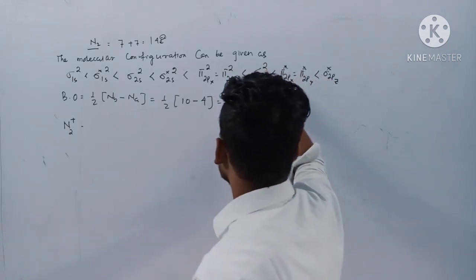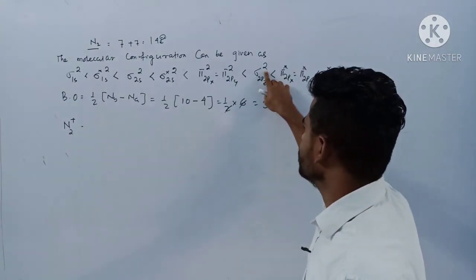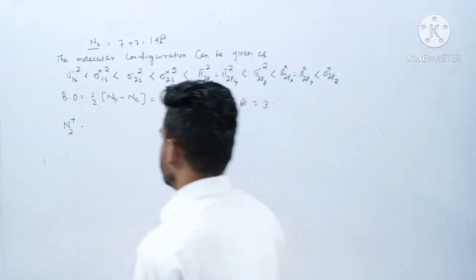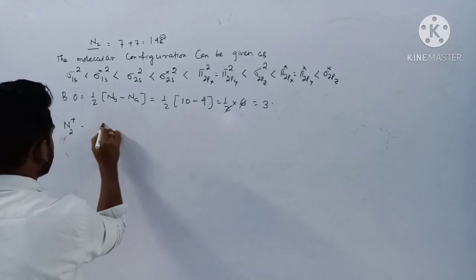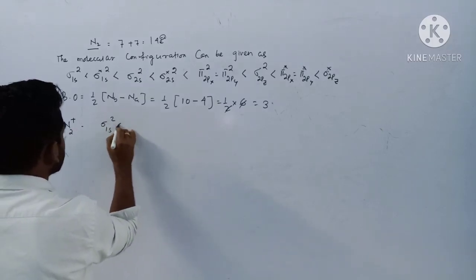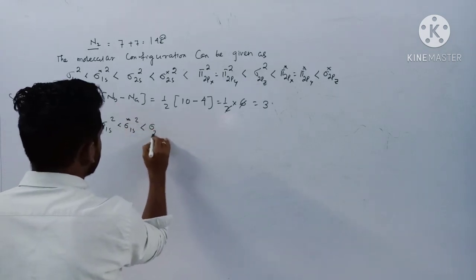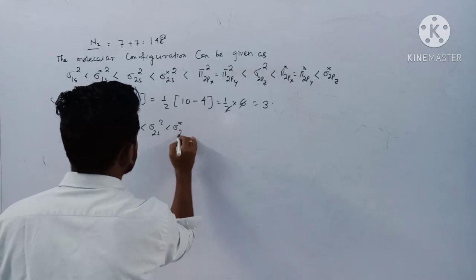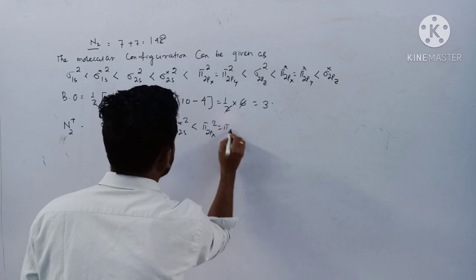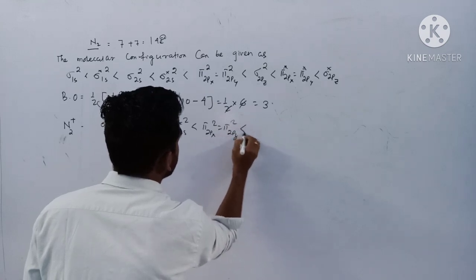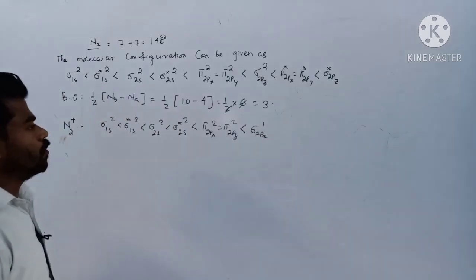So the configuration of N2 plus is sigma 1s2, sigma star 1s2, sigma 2s2, sigma star 2s2, pi 2px2, pi 2py2, and sigma 2pz1, one electron being removed.